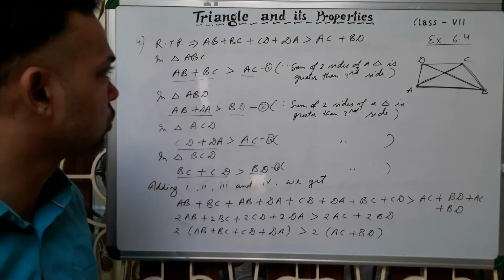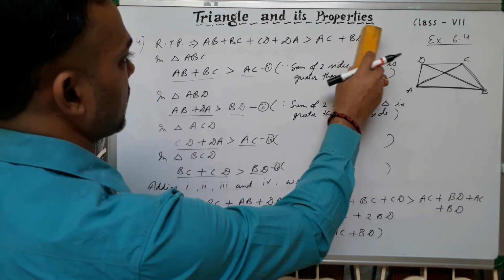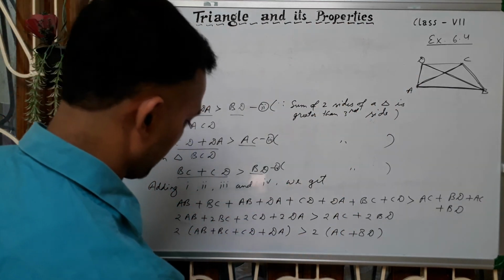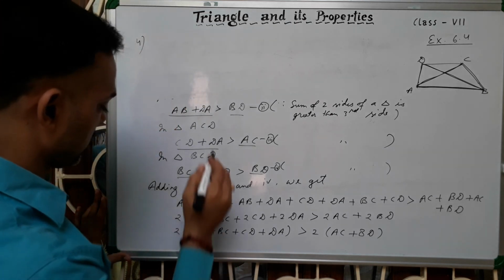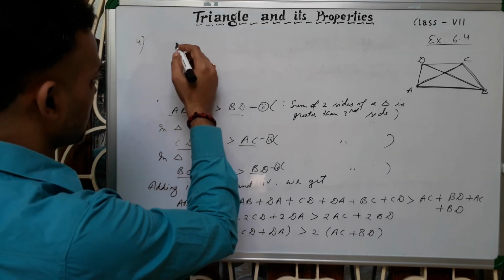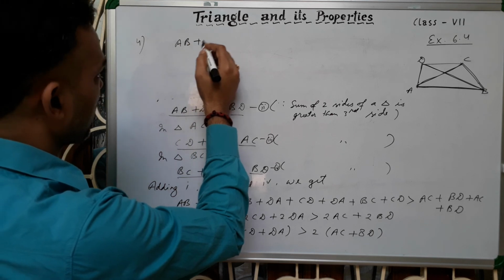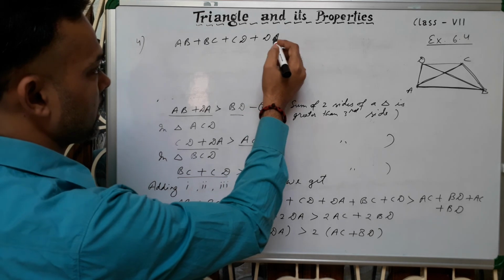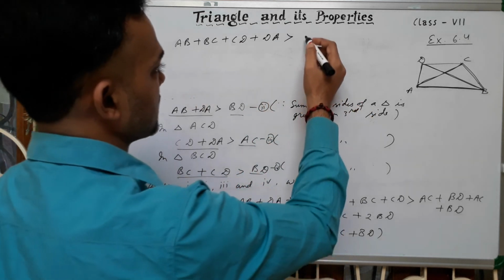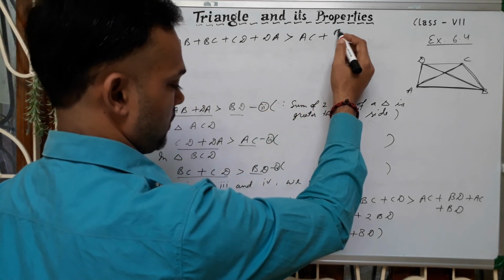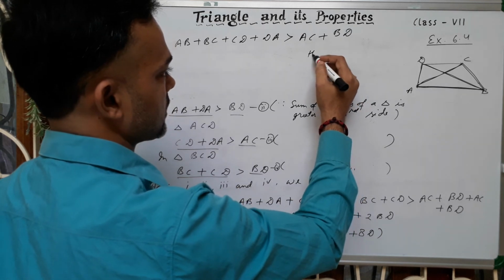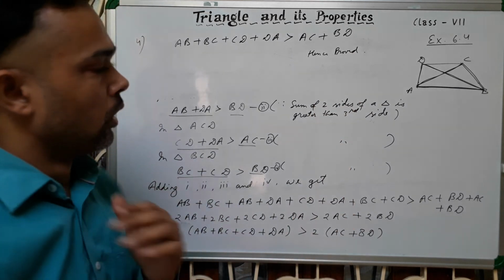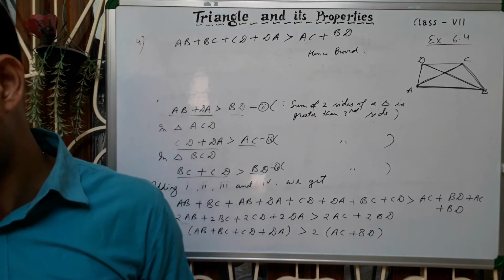So when you divide both the sides by 2, what you get is the same thing which was to be proved: AB plus BC plus CD plus DA is greater than AC plus BD. Hence proved. Okay, so in this way you people can do this.